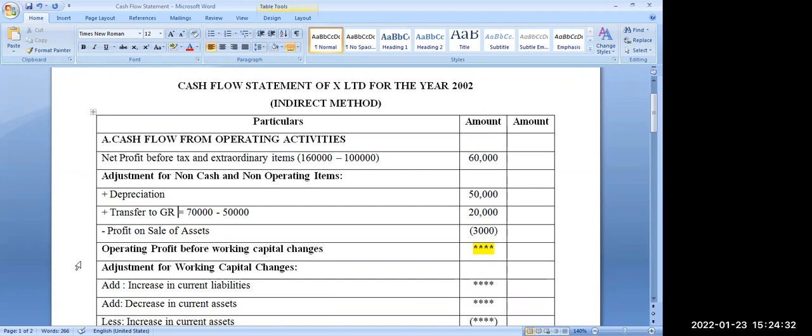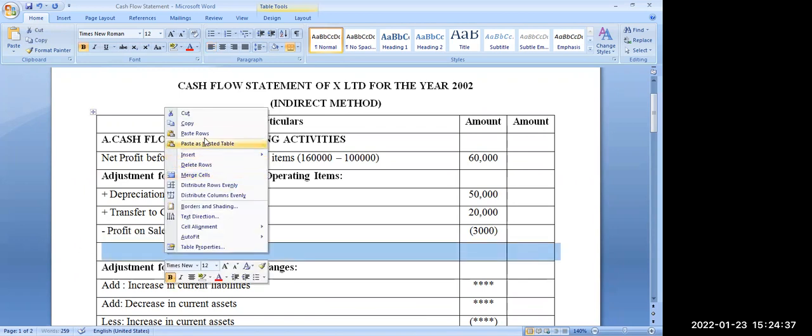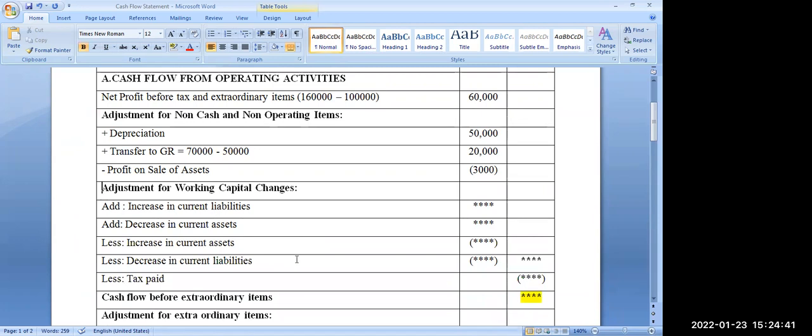Okay. So what is the amount in change in working capital? Change in working capital means change in current asset and current liability. Current asset, stock is increasing or decreasing? Decreasing. Earlier stock was 1 lakh. Now it is 75. So 25,000 decreased. So decrease in current asset, what do you do?